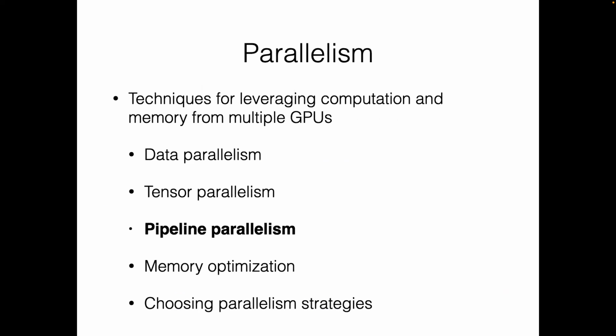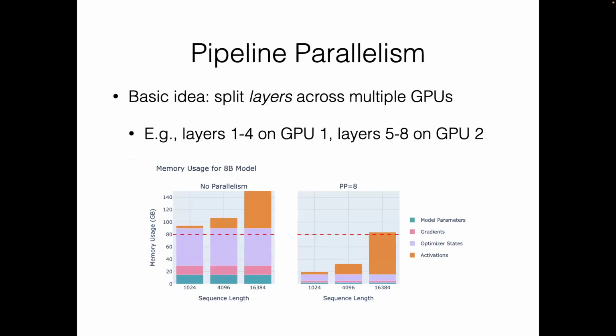Okay, and so next we can go to pipeline parallelism. Pipeline parallelism is an interesting idea: your transformer has multiple layers. So you can take, say, the first set of layers, like 1 through 4, and put that on one GPU.